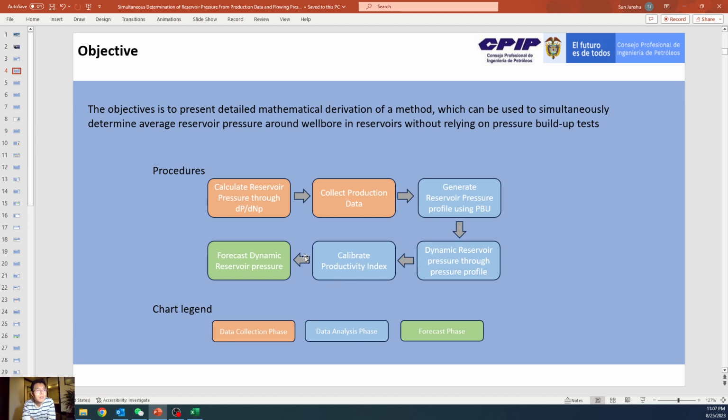Then using this result, we have some applications: to calculate the threshold drawdown to avoid sand problem, to calculate the STOIP, stock tank original oil in place, and the connected aquifer volumes.